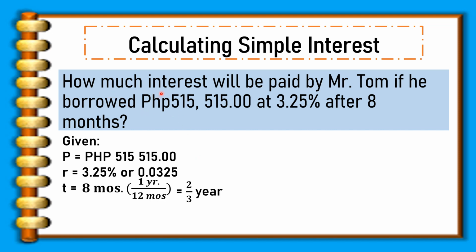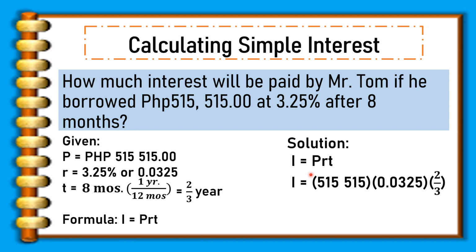And since you are asking about the interest, the formula to be used is I equals P multiplied by R multiplied by T. For the solution, simply input all of these values into the formula. P is replaced by 515,515 pesos, R is replaced by 0.0325, and T is replaced by 2/3.